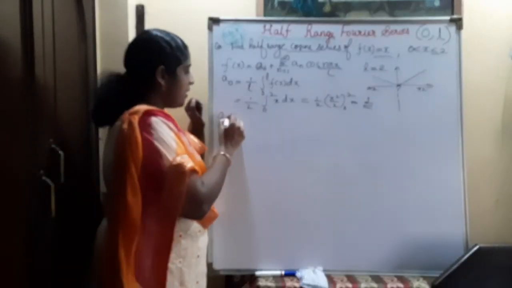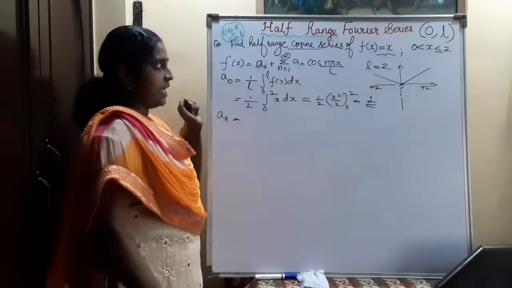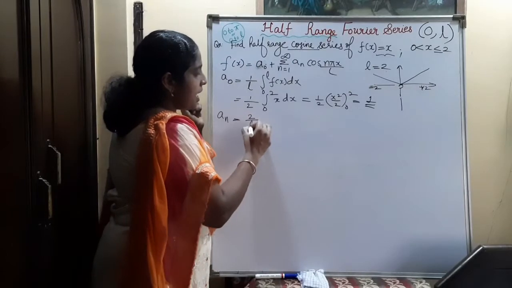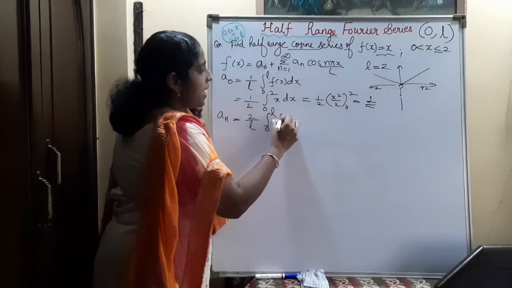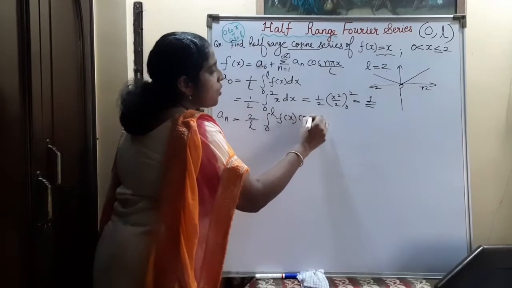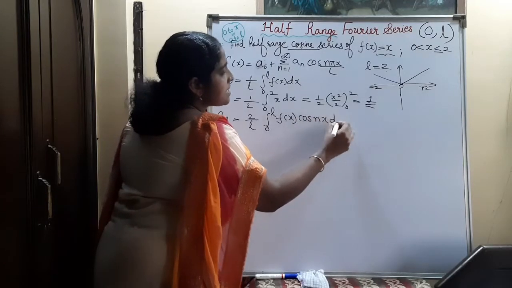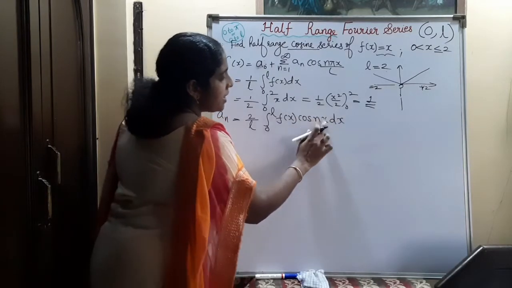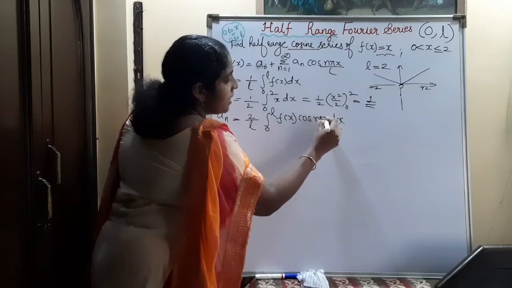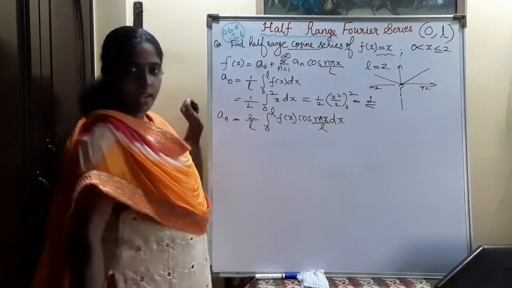Now we can find out the coefficient an. What is the an formula? an is 2 by L integral 0 to L f of x cos n pi x by L dx.